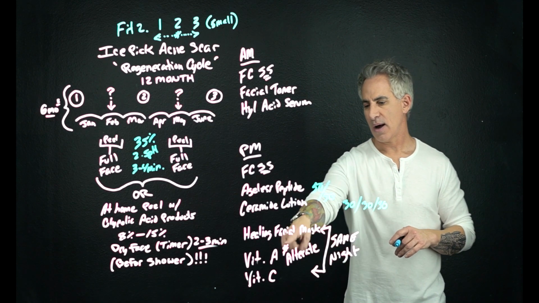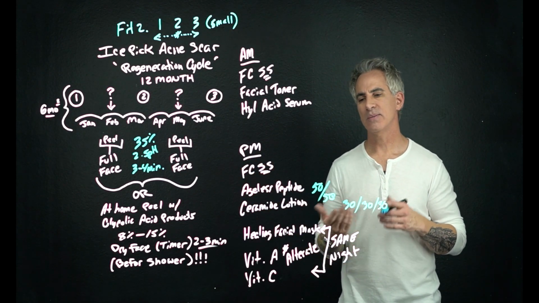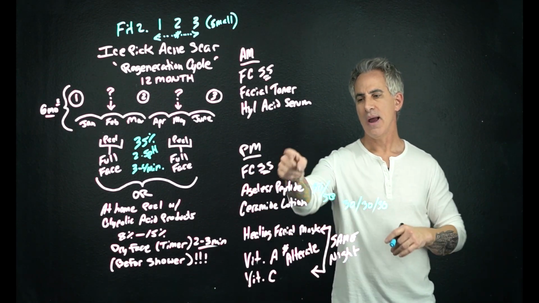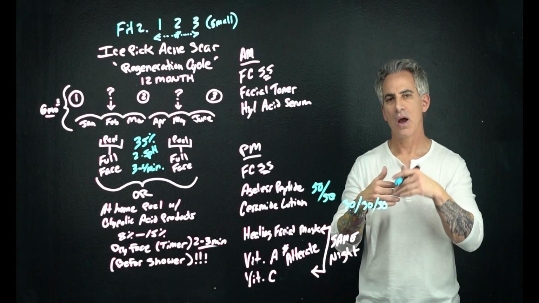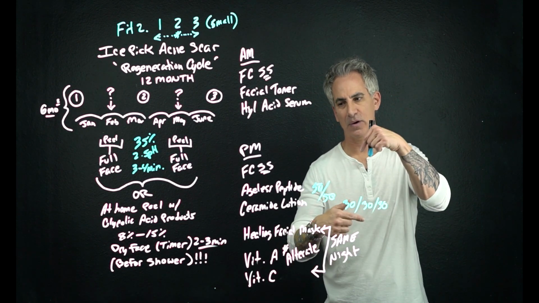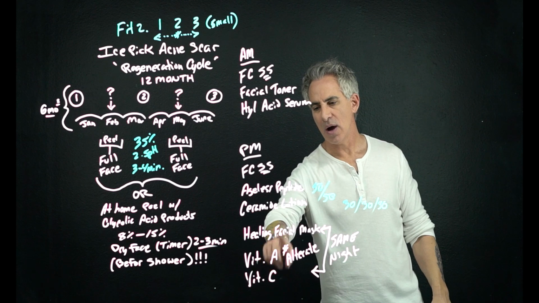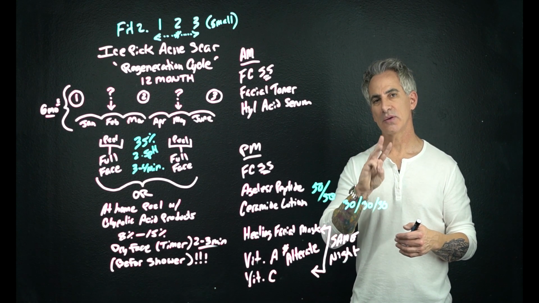Okay. All right. Facial cleanser, sensitive skin, Ageless Peptide Cream, Ceramide Lotion, 50-50, or Ageless Peptide Cream, Ceramide Lotion, Vitamin A, 30-30-30, together. Alternating night, Vitamin C first, Ageless Peptide, Ceramide Lotion, alternating night with Vitamin C, 2 to 3 times a week.